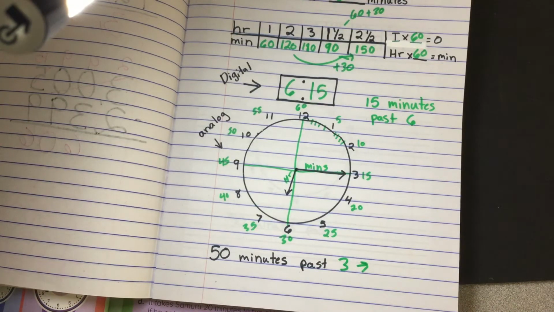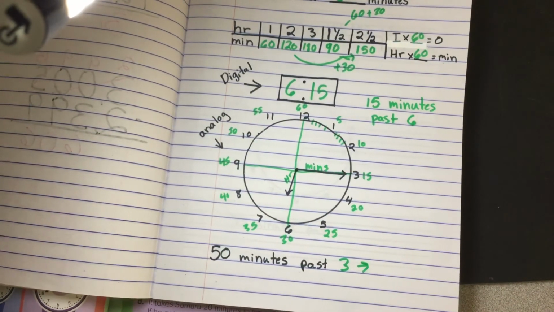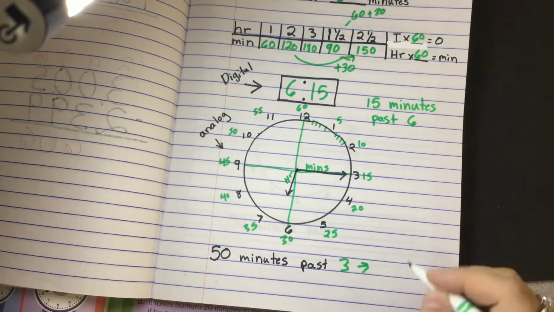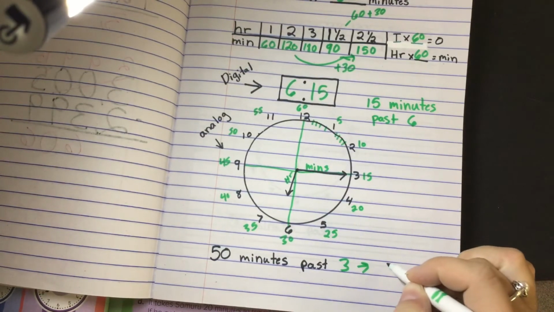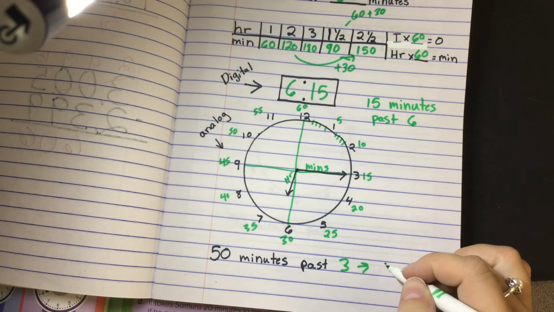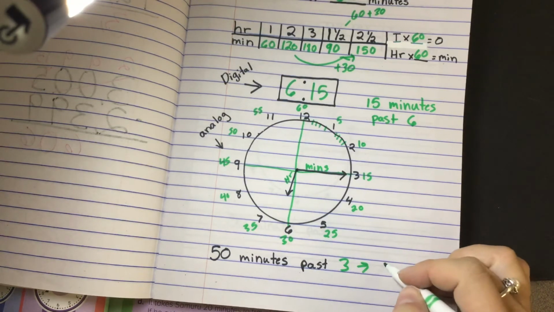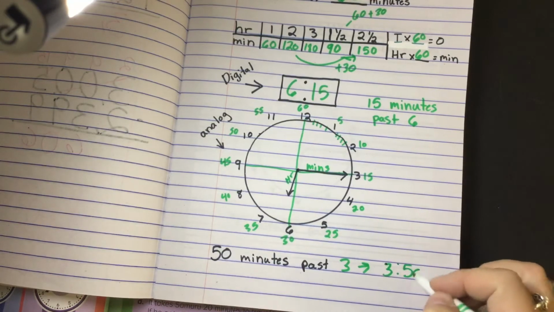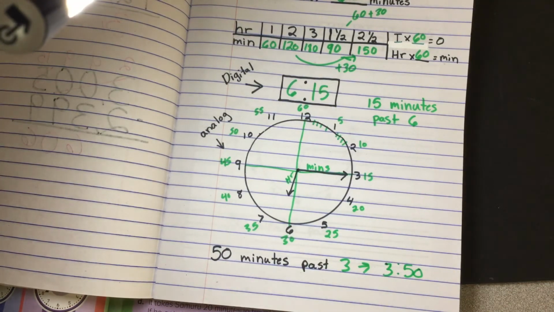What would 50 minutes past 3 be? Somebody raise your hand and tell me. Mason? 3:50, good. And we're showing it in a digital clock format.